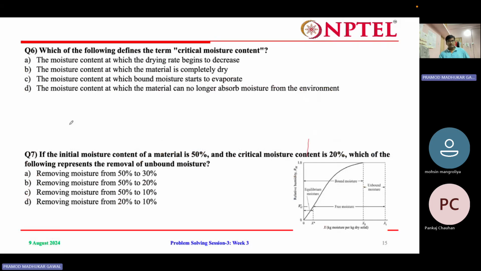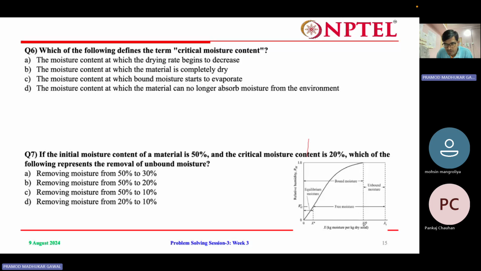Option A, the moisture content at which the drying rate begins to decrease. B, the moisture content at which the material is completely dry. C, the moisture content at which bound moisture starts to evaporate. And D, the moisture content at which the material can no longer absorb moisture from the environment.